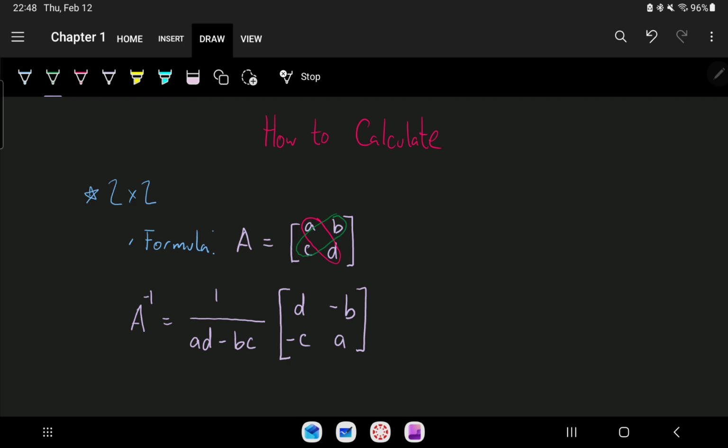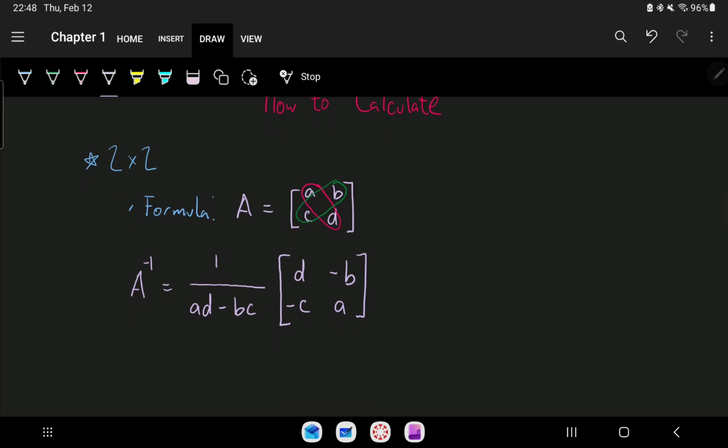Right? So this might not look like it makes a lot of sense right now, but basically an inverse matrix is still a matrix, right? So the idea is that you're just going to take this quotient as a scalar multiple of this matrix. And later on, we're going to see that this right here is pretty important.